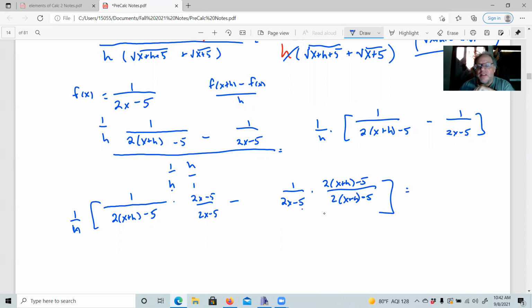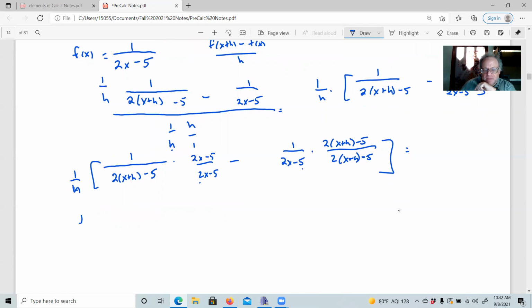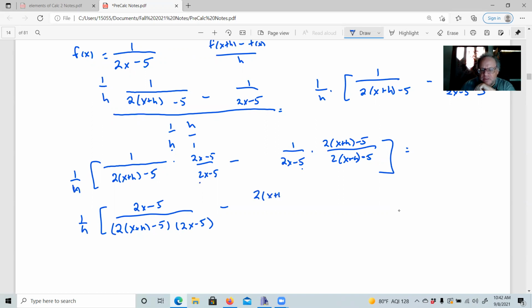Do not multiply these out. Don't do it. So here we go. 1 over h, and then 2x minus 5 all over 2x plus h minus 5 times 2x minus 5, minus 2x plus h minus 5, all over 2x minus 5 times 2x plus h minus 5.